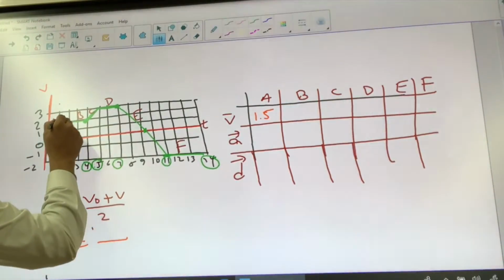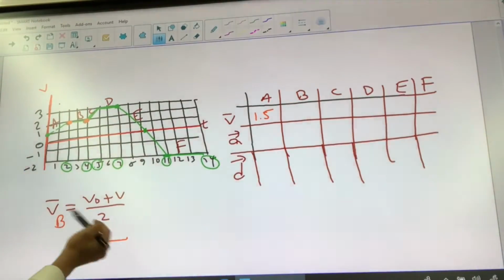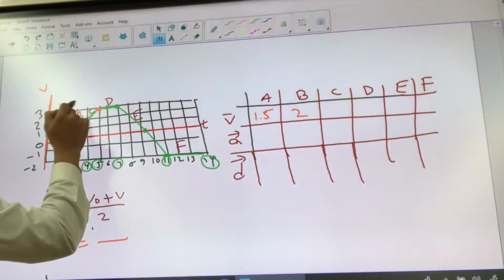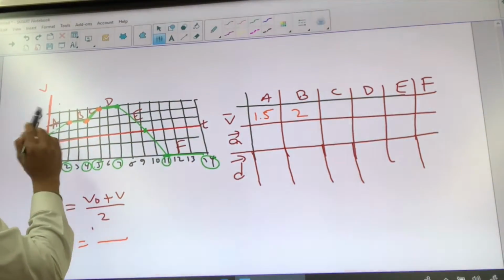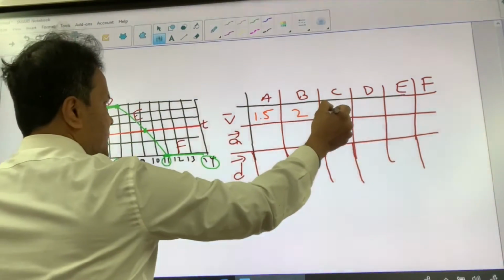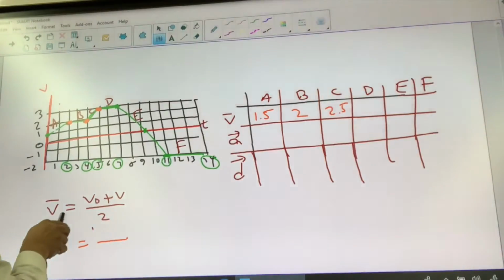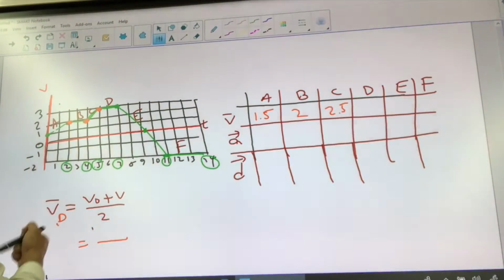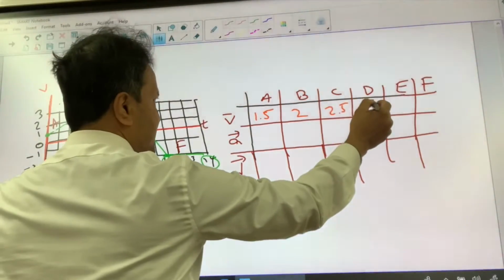Now average velocity at section B is 2 plus 2 divided by 2, which is 2. Average velocity at section C is 3 plus 2, 5, over 2 is 2.5. Average velocity at section D is 3 plus 3 divided by 2, which is 3.